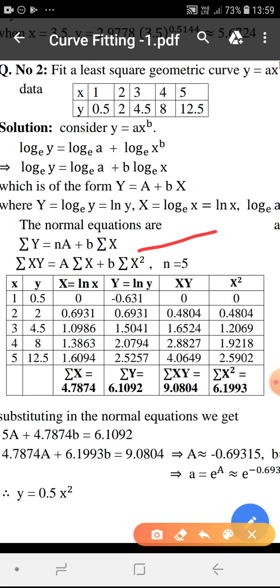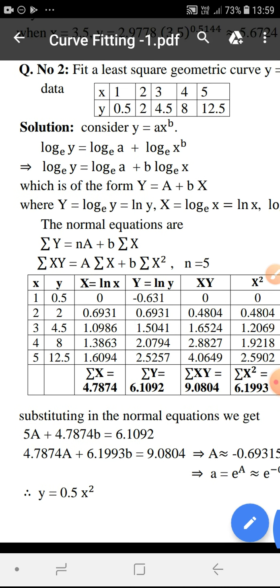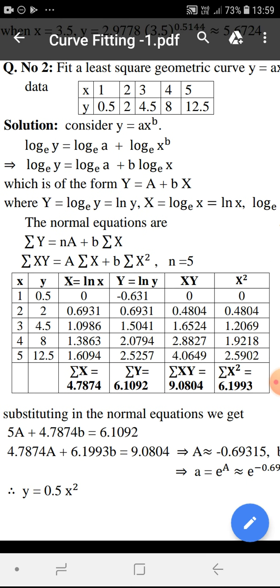In these two normal equations, the first normal equation will be 5A plus 4.7874b equal to 6.1092. The second is 4.7874 into A plus 6.1993b equal to 9.0804.